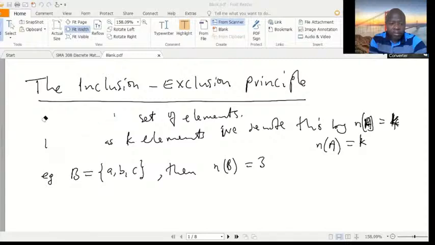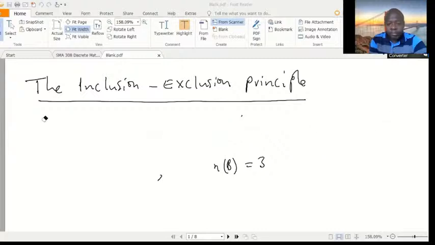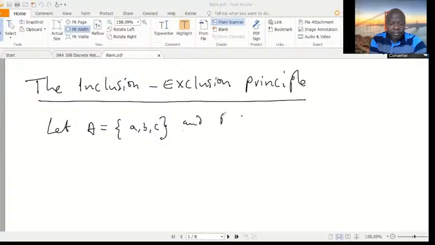Let me look at some set A and some set B. Suppose that I have set A with the elements A, B, C, and I have some set B with the elements X, Y, Z. Then how many elements are in the union of A and B? Now, what is the union of A and B?